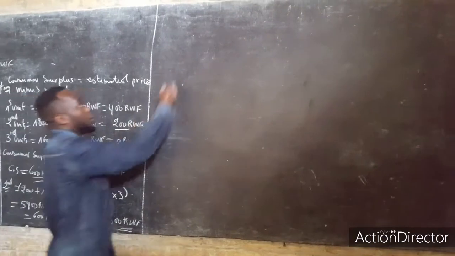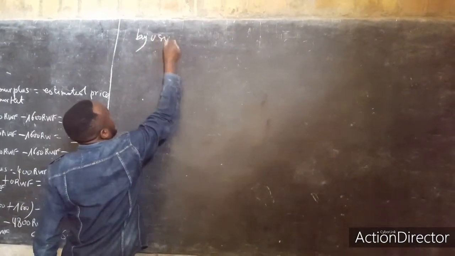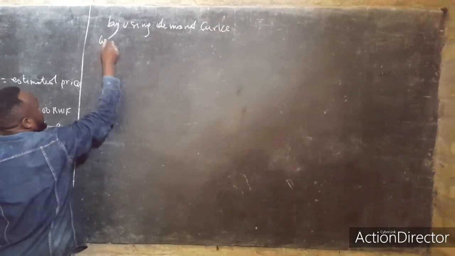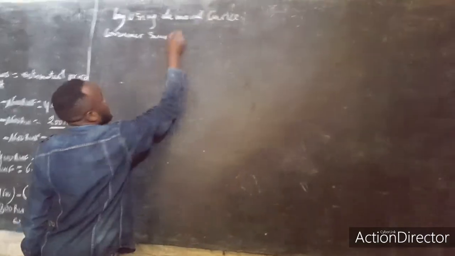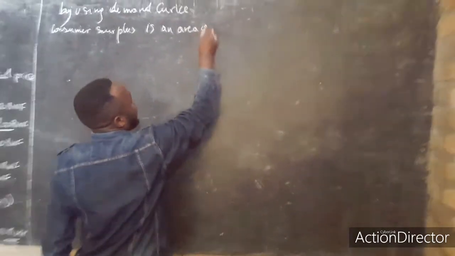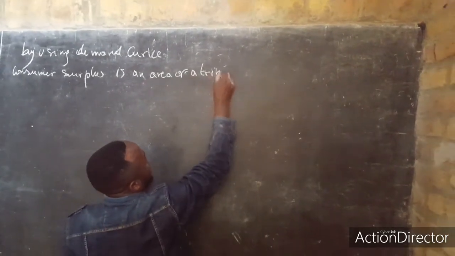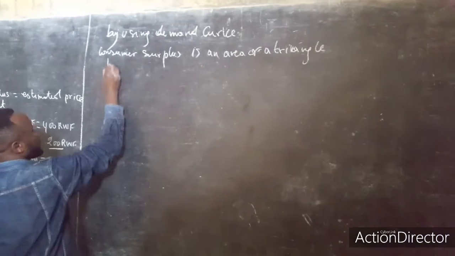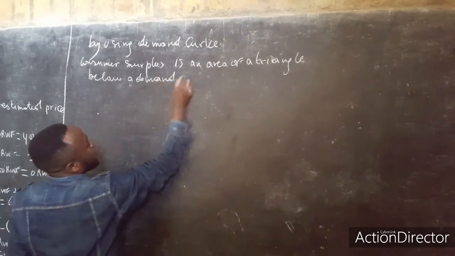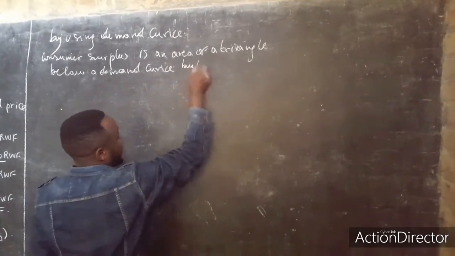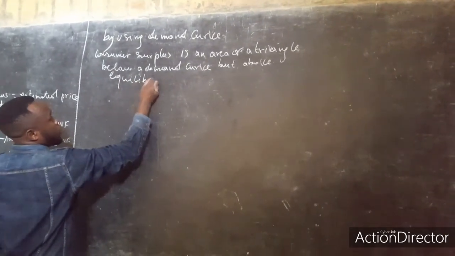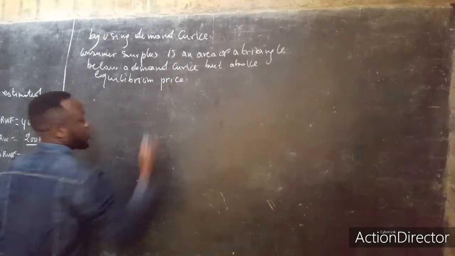By using a demand curve, consumer surplus is an area of a triangle below a demand curve but above equilibrium price.